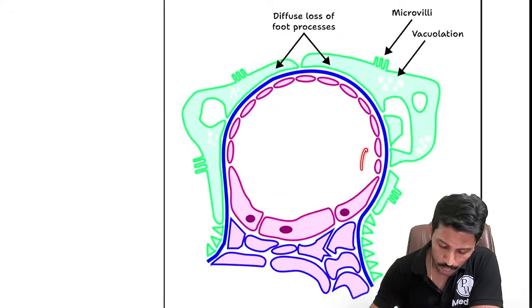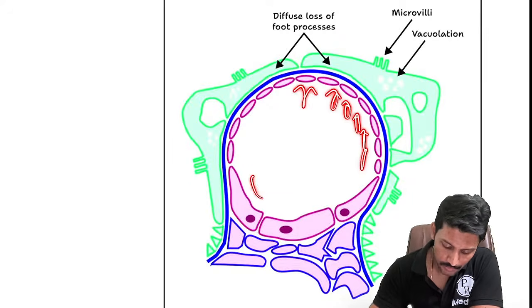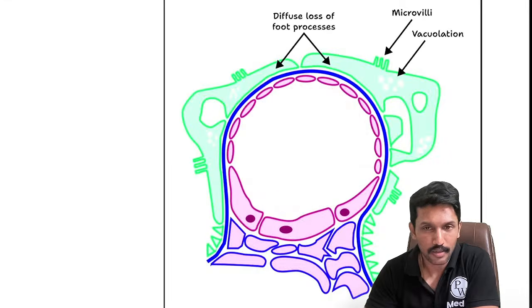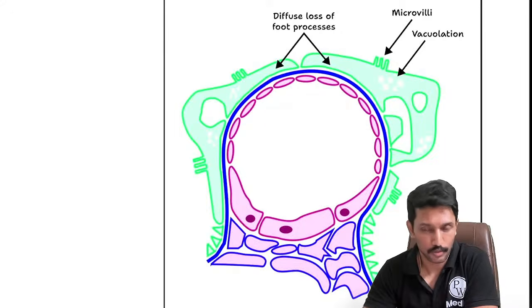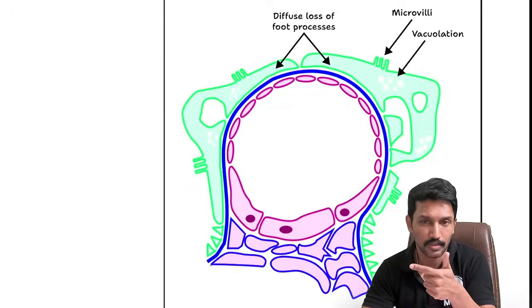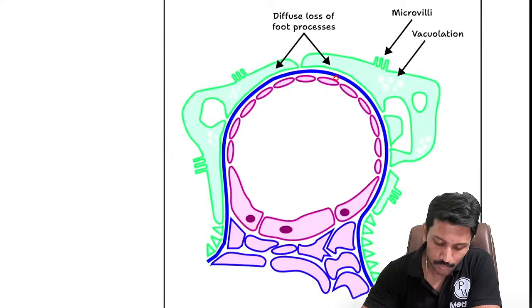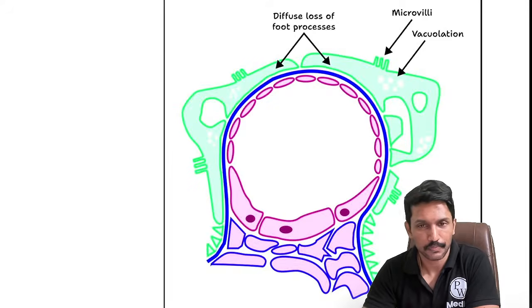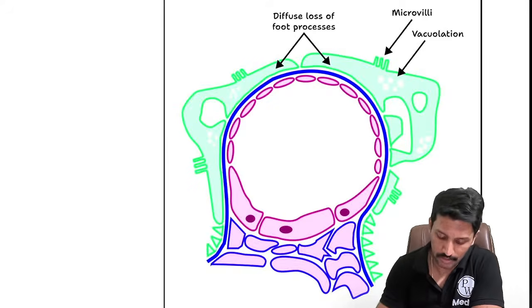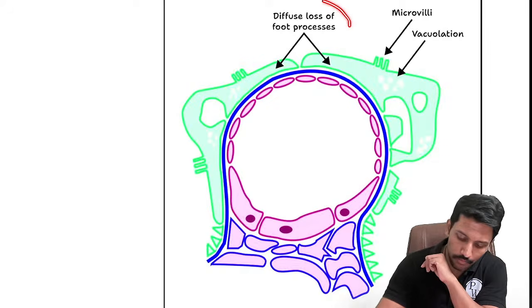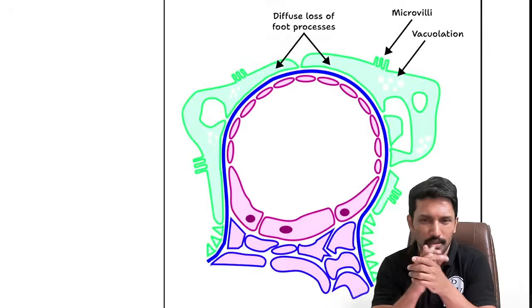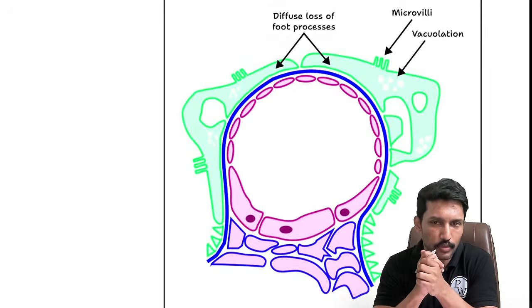Otherwise, there is no mesangial hypercellularity, there is no sclerosis or damage to the glomeruli. So there is no glomerular sclerosis, mesangial hypercellularity, or any subepithelial deposits. There are no immune complex deposits pictured here. The only change I am noticing is diffuse loss of foot processes. Typical clue for the diagnosis.